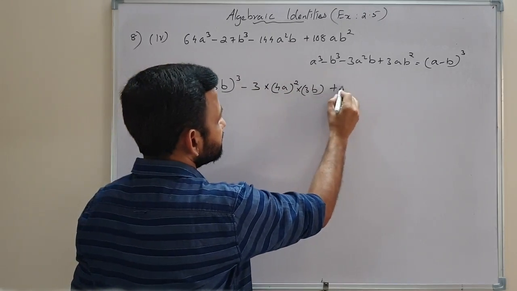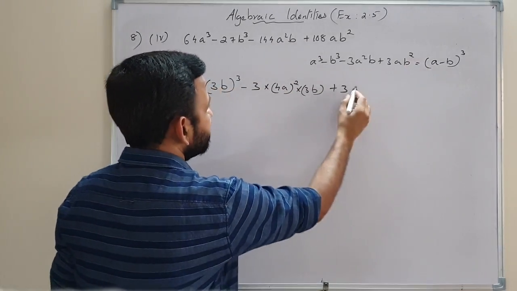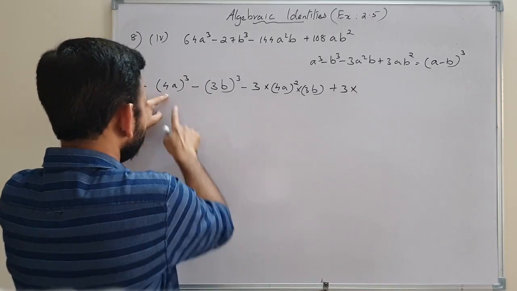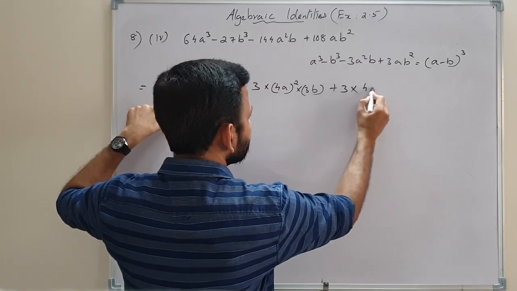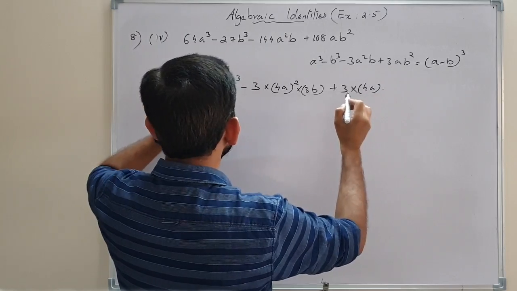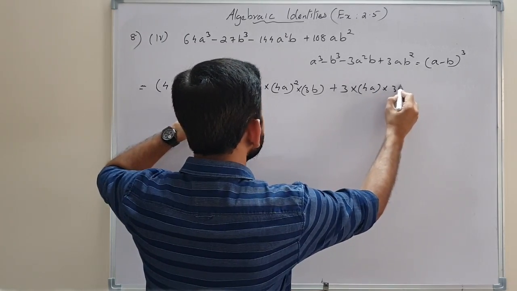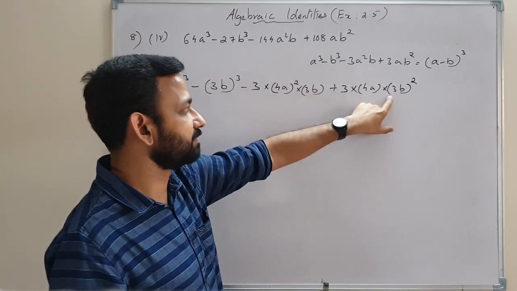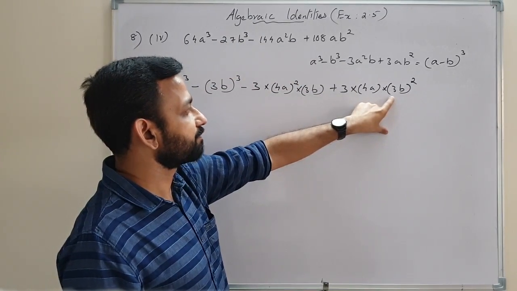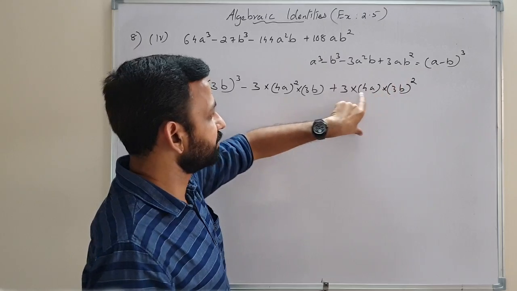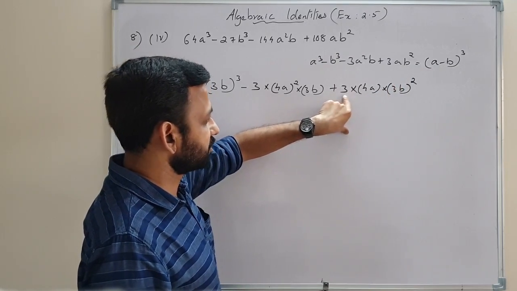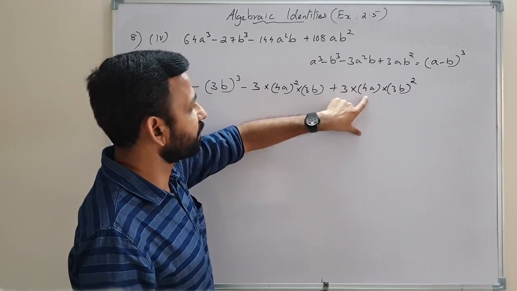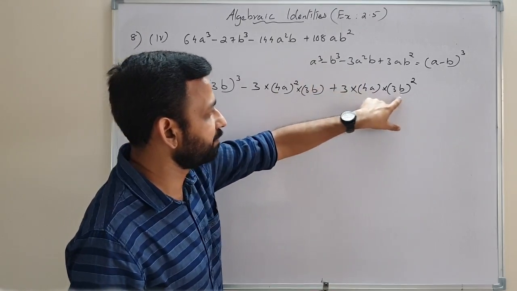Then plus 3ab square, that is 3 into a, the first term 4a, into b square, the second term 3b whole square. So 3 square is 9, 9 into 3 is 27, 27 into 4 is 108 a b square.